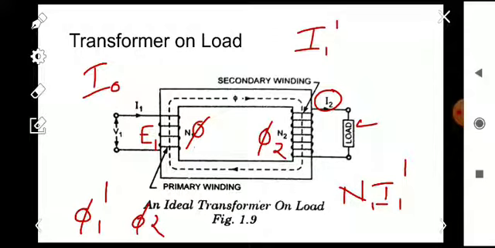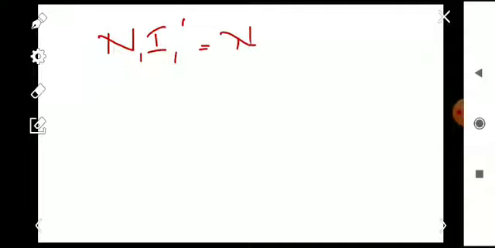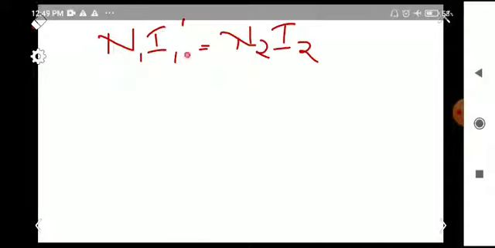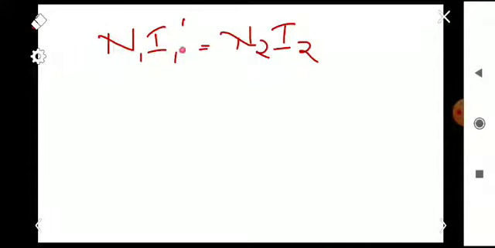So we can say that the MMF N1 into I1 dash, that is the MMF produced by the current I1 dash, will be equal to N2 into I2. Due to the current I2 only, the I1 dash is produced here, so they cancel each other. The additional MMF cancels the effect of the secondary current.